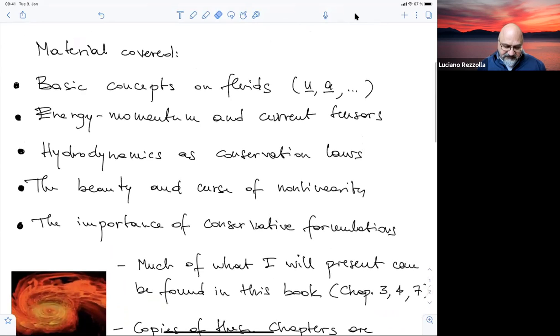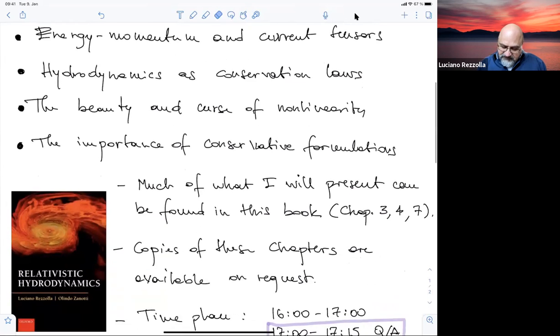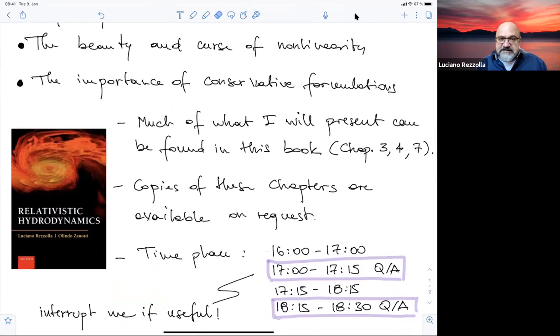Essentially, the first four bullets are not about numerics. The last bullet is about numerics, but I will not talk about numerical techniques. I will again be talking about mathematical aspects. Much of what I will present can be found in this book, which I wrote in 2013 with Olindo Zanotti. All the material can be found in chapters 3, 4, and 7.